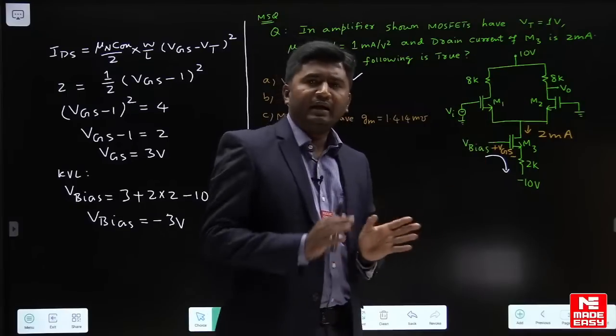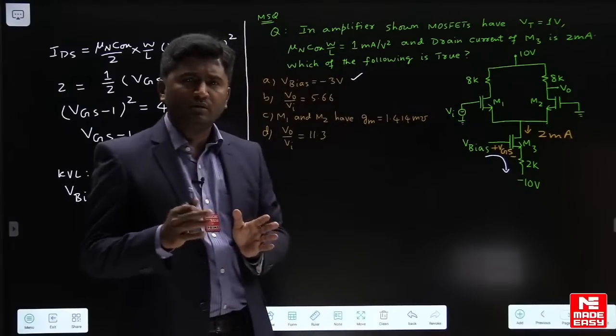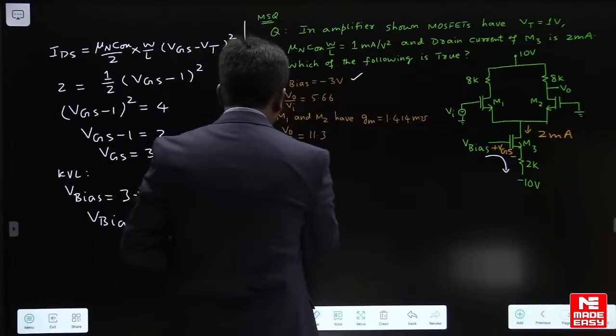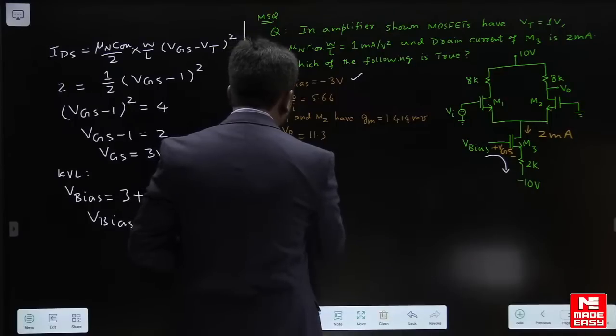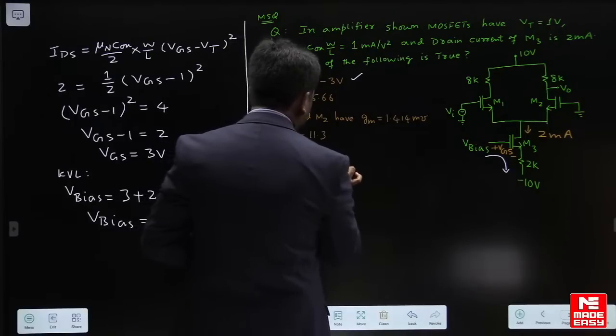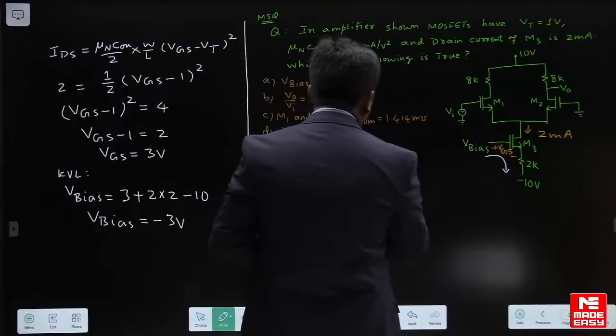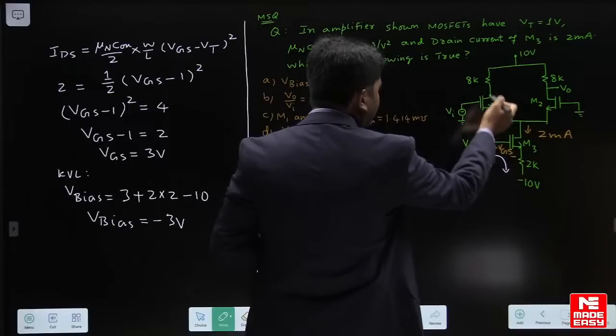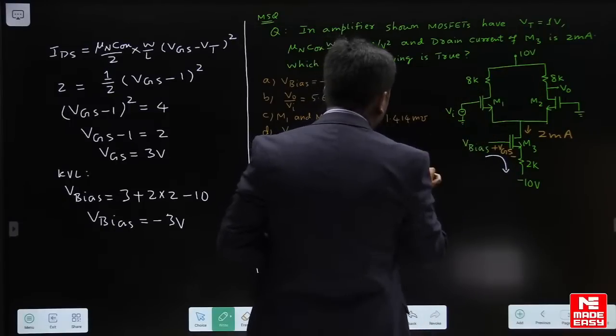So I can say M1 M2 have a drain current of 1 milliampere. So you can find transconductance for M1 M2 from there. Drain current is equal to this 2 milliampere will divide equally, 1 milli will flow here and 1 milli will flow here.